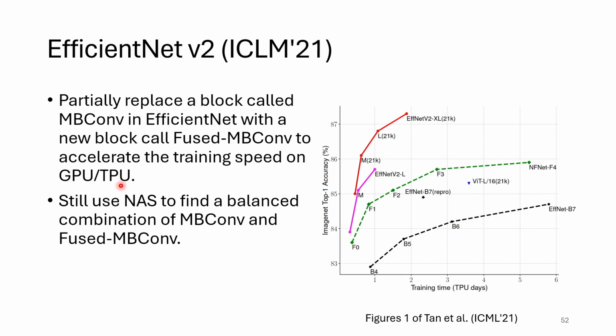They cannot replace all MBConv with Fused MBConv. They need to find the sweet spot. What is the best ratio of Fused MBConv? So they use NAS, network architecture search, again.